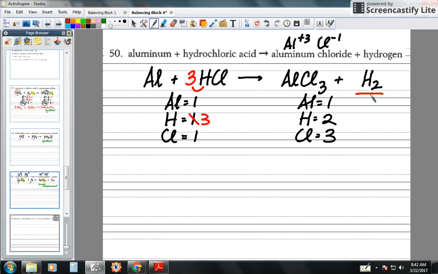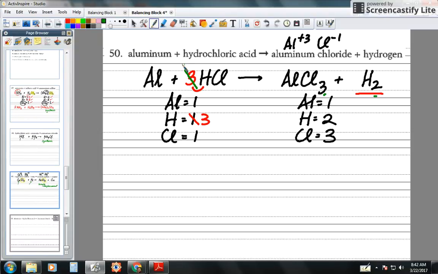Hopefully at that point you realize 3 does not particularly work for this reaction. So you might try a number that is a multiple of both 3 and 2.